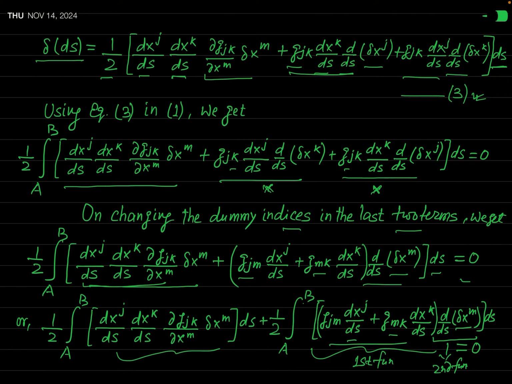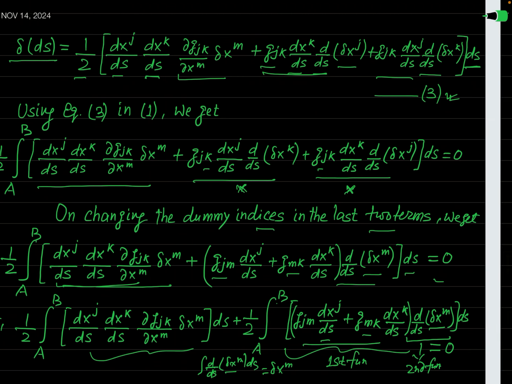You can see this when you take the integral of d/ds delta x_m ds. This ds will cancel out, and you know the integral of the differential of any quantity is equal to that quantity, because this differential d is cancelled by this integral. So this integral will be simply equal to delta x_m, and limits are a and b.